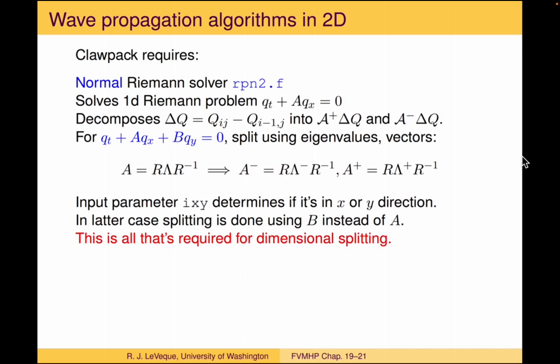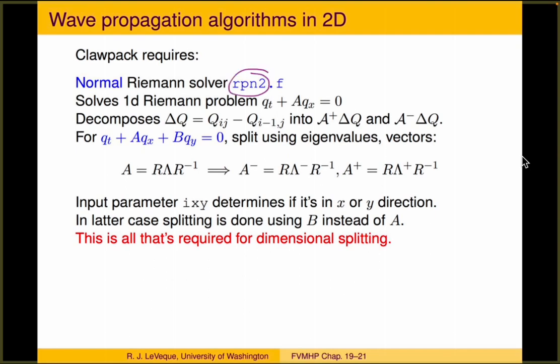In the Clawpack software, we have what we call a normal Riemann solver that solves the Riemann problem orthogonal to each grid interface, either in the x direction or the y direction. There's a parameter passed into this RPN2, the normal Riemann solver routine, called IXY, that just tells whether you're solving it in the x direction or the y direction.